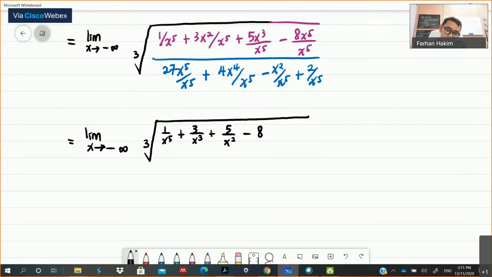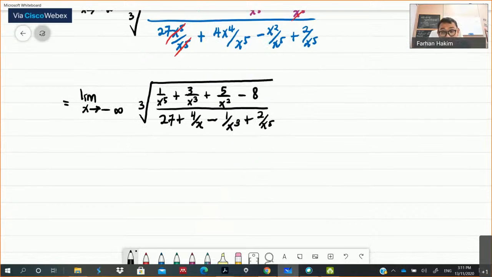Minus 8, because we already cancelled this x5, x5. This one also can be cancelled here. So we have 27 plus 4 over x minus 1 over x to the power of 3 plus 2 over x to the power of 5. Next is the part where we substitute the value of x with negative infinity.